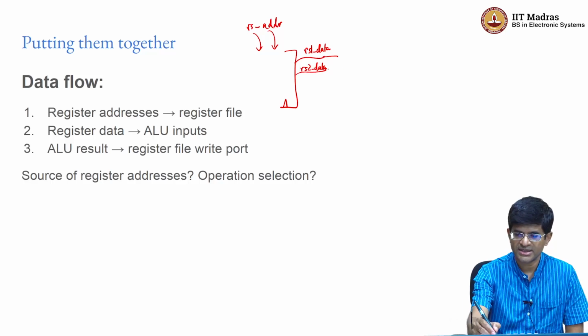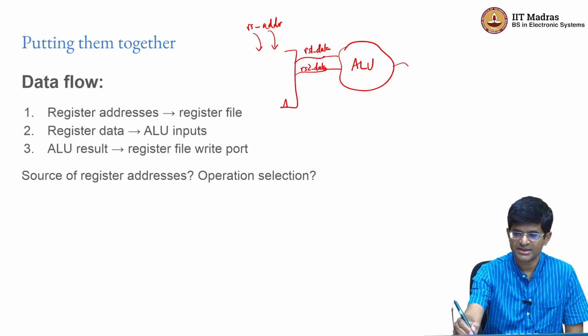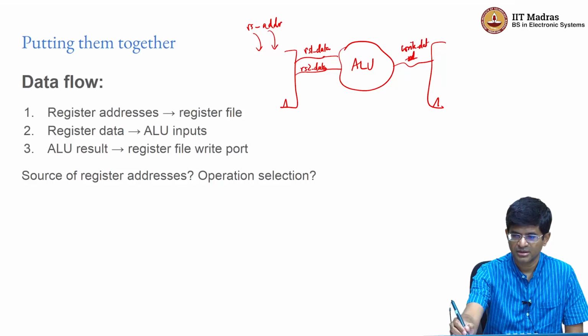What happens with this is these values go into an ALU, which is a combinational logic unit, and this in turn goes into another register, which is basically the write data, right? And this part of it basically sees the RD address.